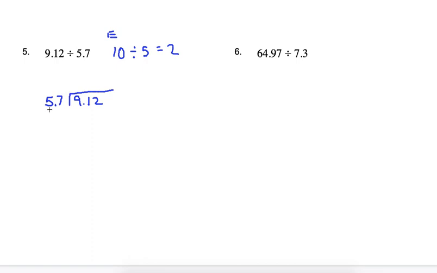Let's just look at this as one number, 57 and 912. So how many times does 57 go into, it doesn't go into 9, it does go into 91. It goes into 91 one time, doesn't it? And that is 57.